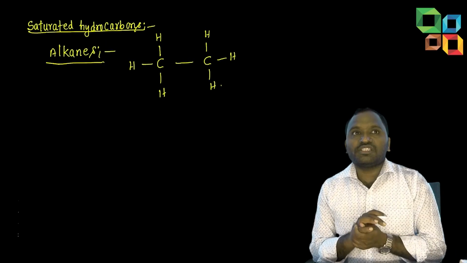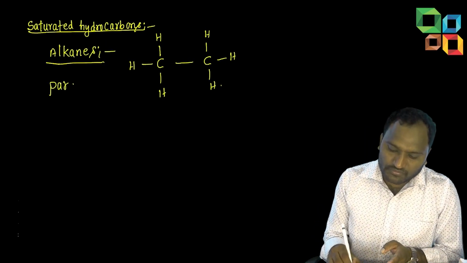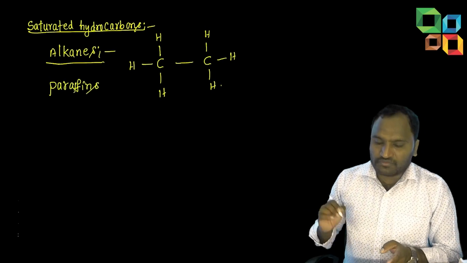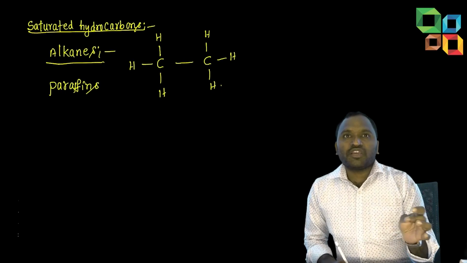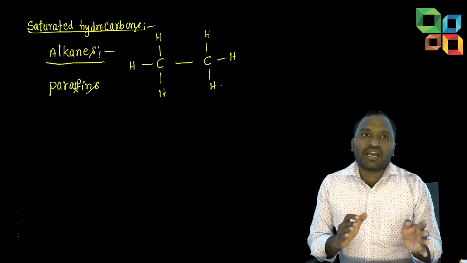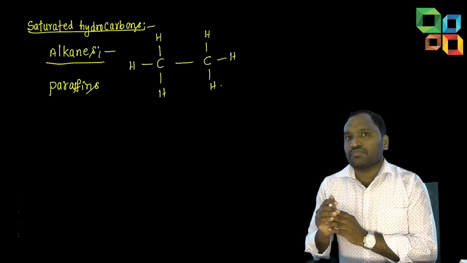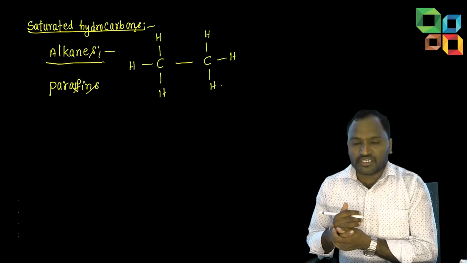These are also called paraffins. Para means little, affins means affinity. These have little affinity towards chemical reaction. Why?